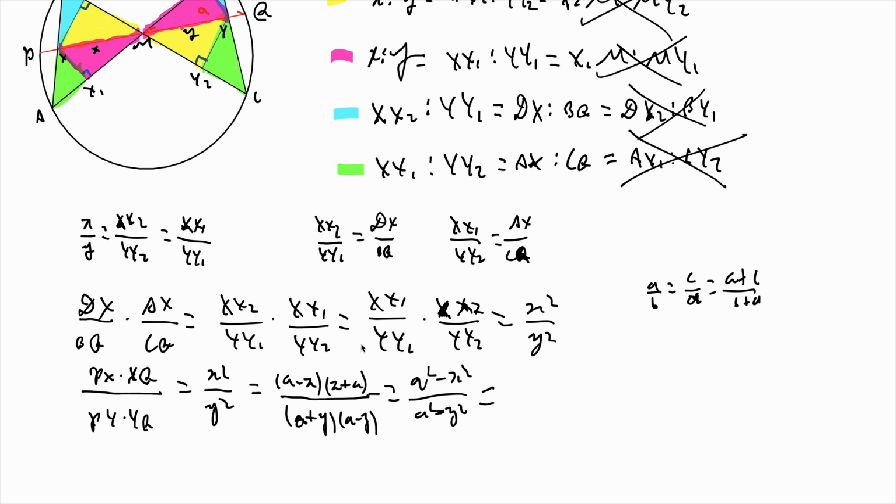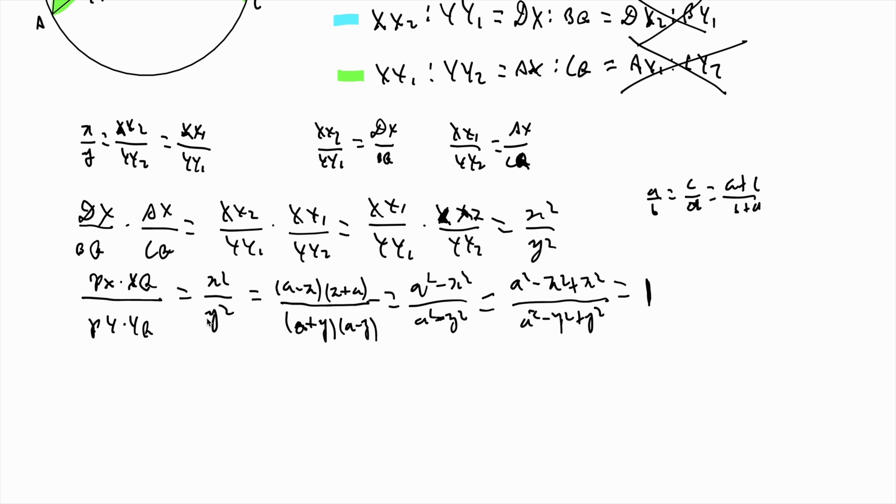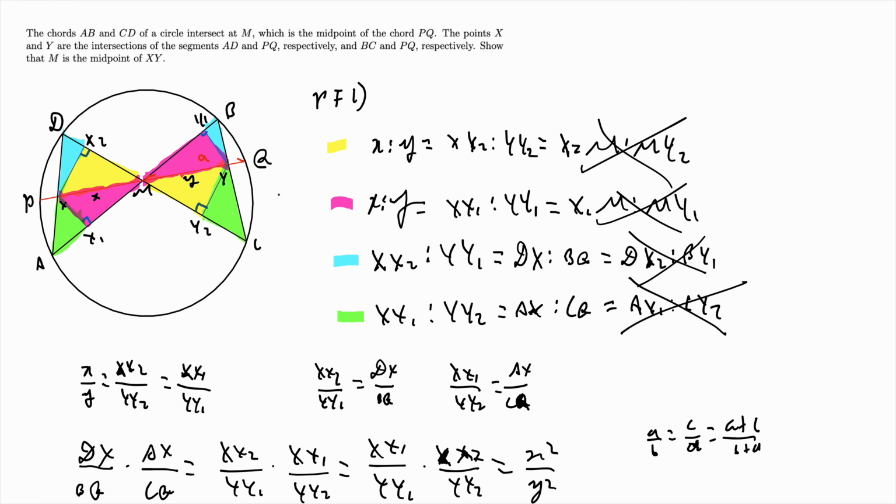Because I don't really want to multiply them, and we could do that, but we have a better way. X squared minus y squared plus y squared, and this is obviously equal to 1. Therefore, x squared over y squared equals 1 and x equals y. So therefore m is the midpoint of xy. We proved it.